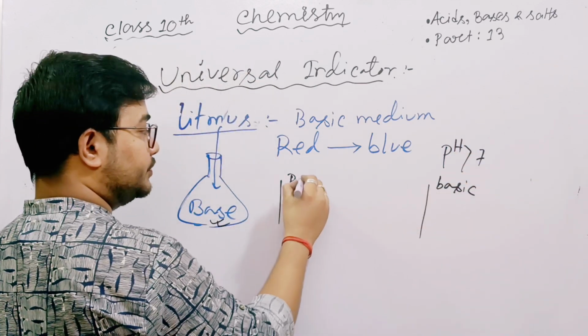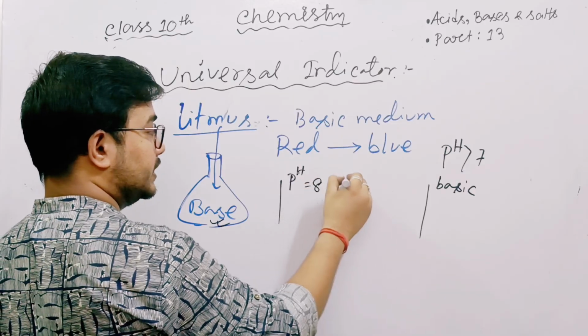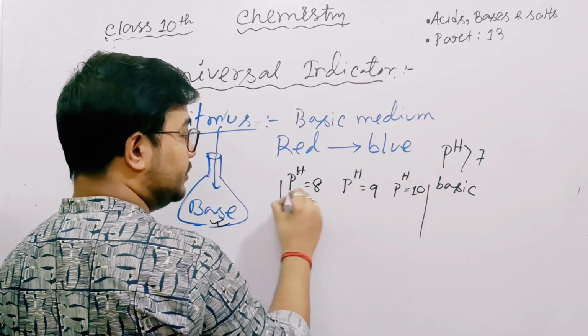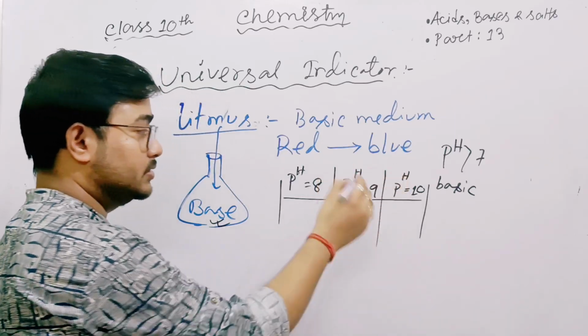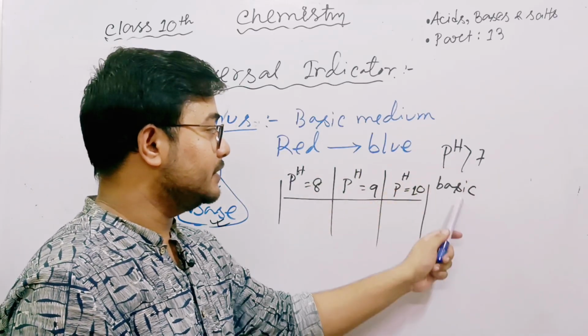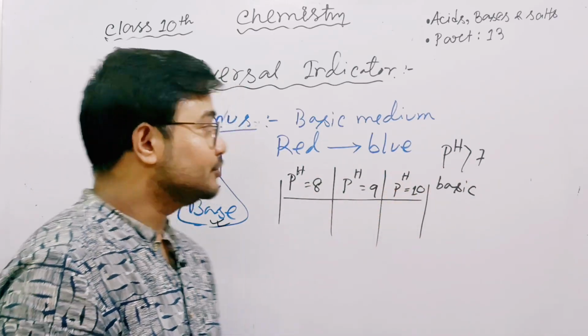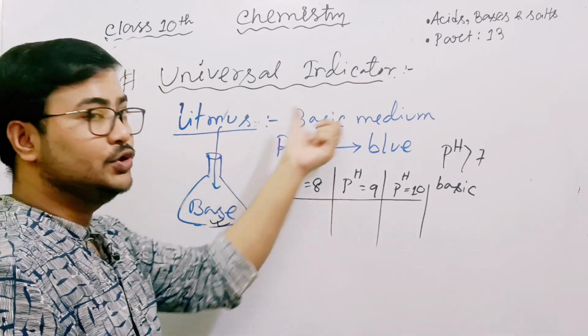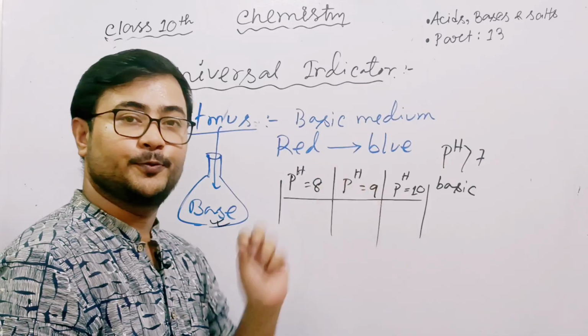But suppose pH 8, pH 9, pH 10. So tell me, are all of these bases? All are bases, because more than 7 means base, so 8, 9, 10 are bases. So in those 3 cases, litmus paper shows red to blue, only blue color, blue, blue, blue.